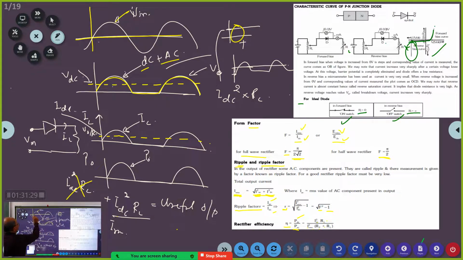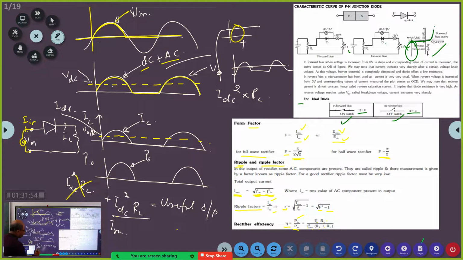If you connect a voltage source here, current will flow here. Input current will flow only when the diode is on. The current will not flow when the diode is off. Got it? Yes, sir. So IRMS is this Vin divided by RL.